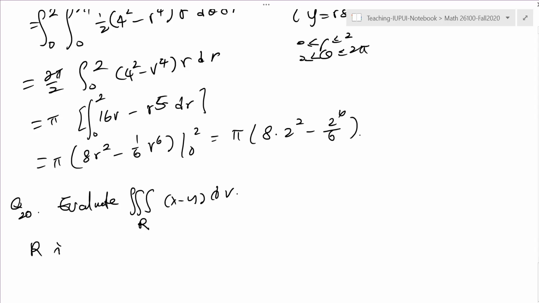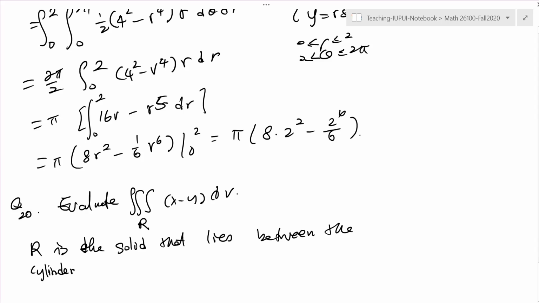E is the solid that lies between two cylinders: the cylinder x squared plus y squared equals 1 and x squared plus y squared equals 16.